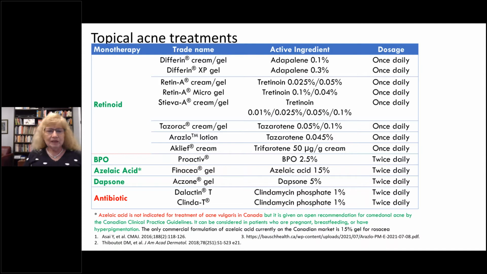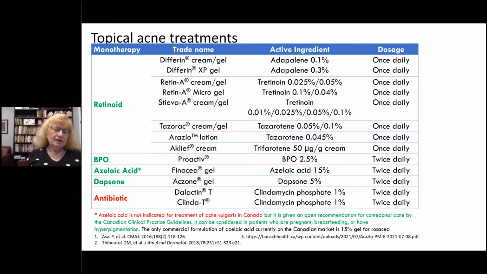So what do we have available? We've got actually quite a lot of retinoids, and today I just received a fax saying that Araslo, which is basically Duabri without the steroid, so it has just tazarotene in a very nice moisturizing base, is now available in Canada. And another new one that came to Canada was Acleaf about a year ago.